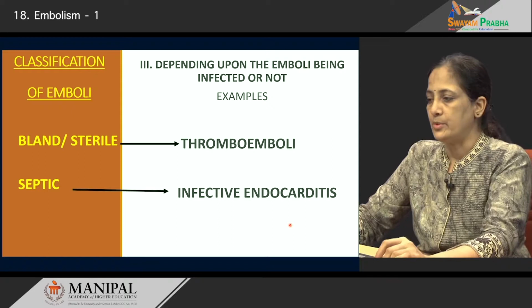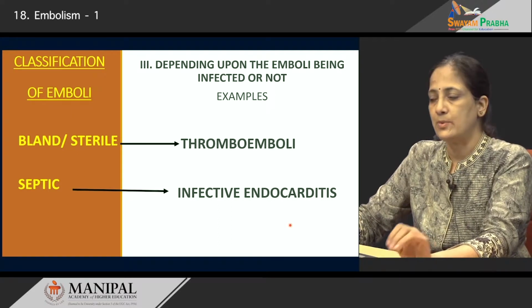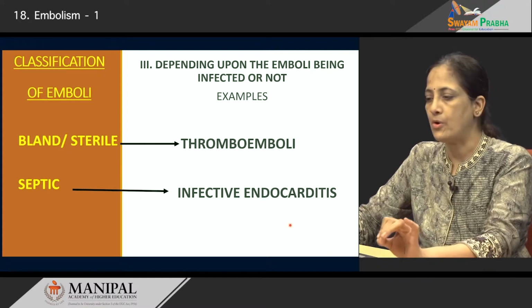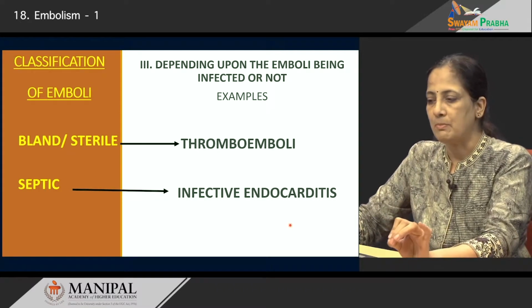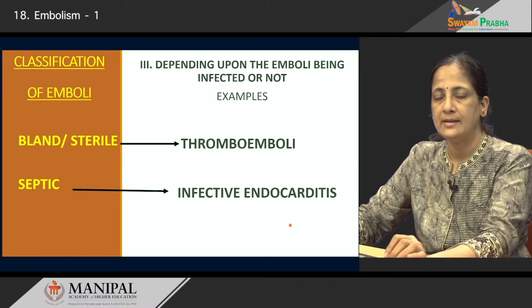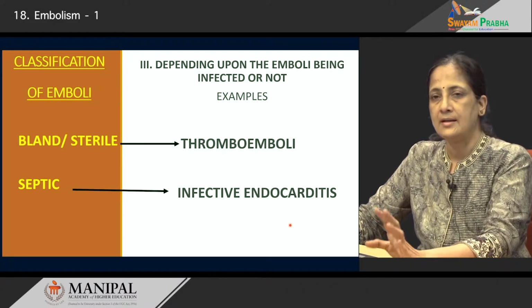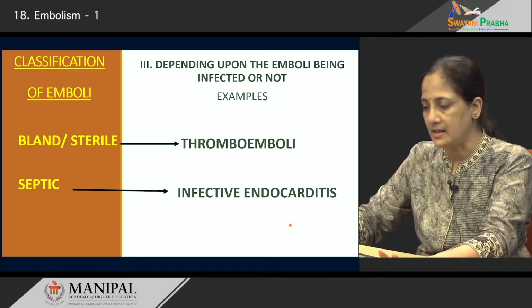The third way in which we classify emboli is whether it is infected by organisms or not. So, bland or sterile emboli usually are derived from thrombi. These are sterile, do not contain any bacteria.